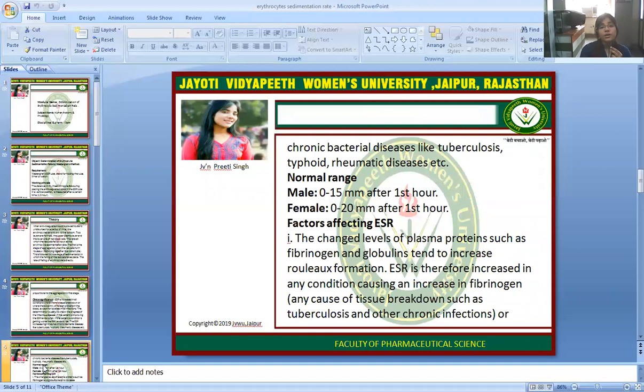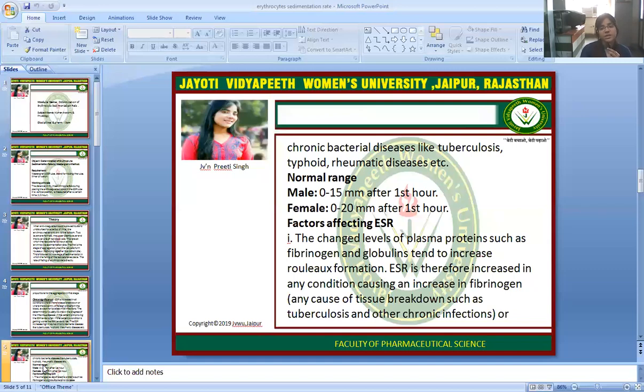Now we come to the normal range of ESR. Firstly, we discuss males. In males, it is 0 to 15 after the first hour, and in females, 0 to 20 after the first hour. Now the factors affecting ESR: changed levels of plasma proteins such as fibrinogen and globulins tend to increase rouleaux formation.